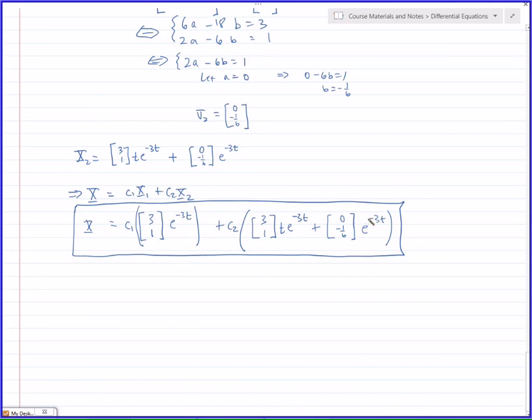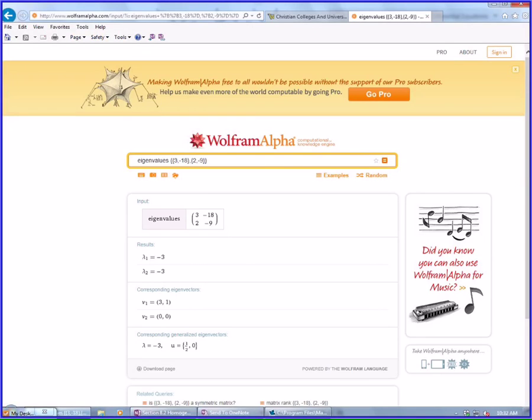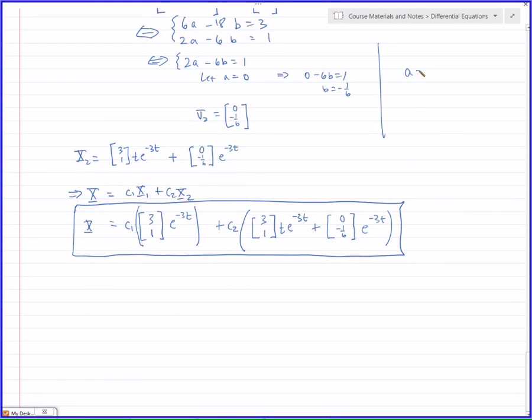Just, by the way, keep in mind that any A you would have chosen may have given you a slightly different V2. In fact, what if I had chosen b equals 0?